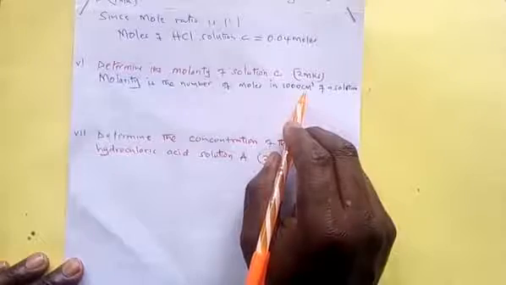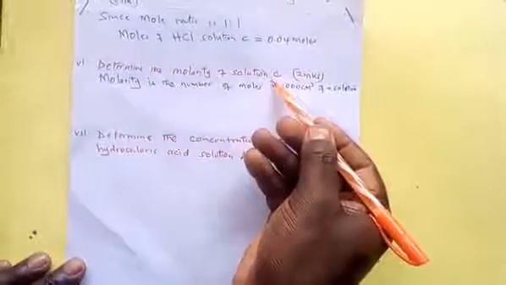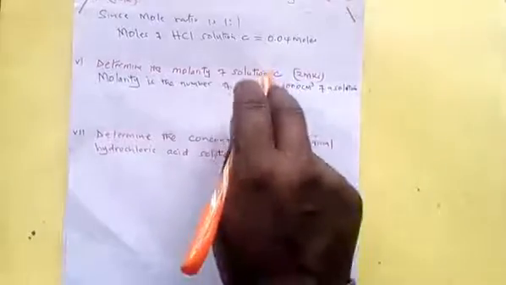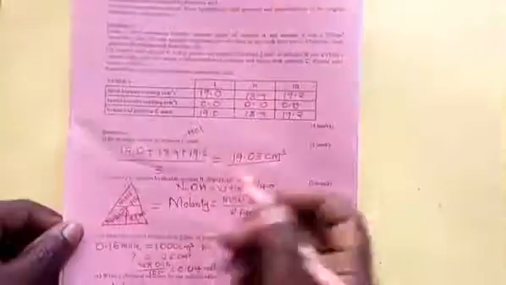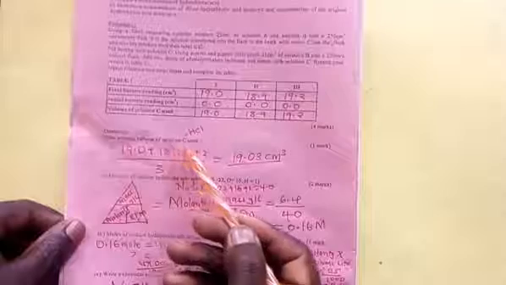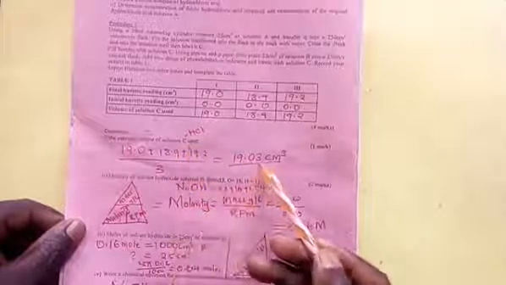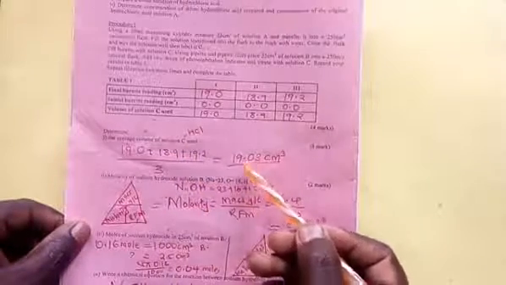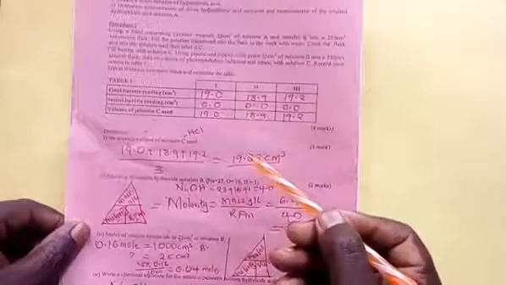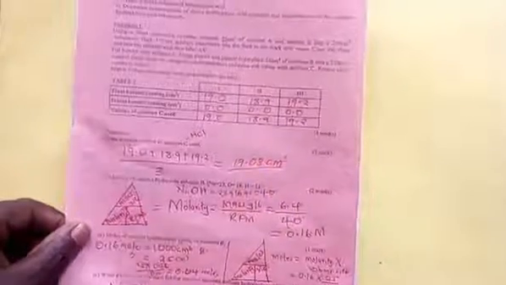Now this one, solution C, remember solution C we used 19. That's why you need to understand. Average volume of C used 19. So solution C that we used is 19, that reacted until neutralization with sodium hydroxide.